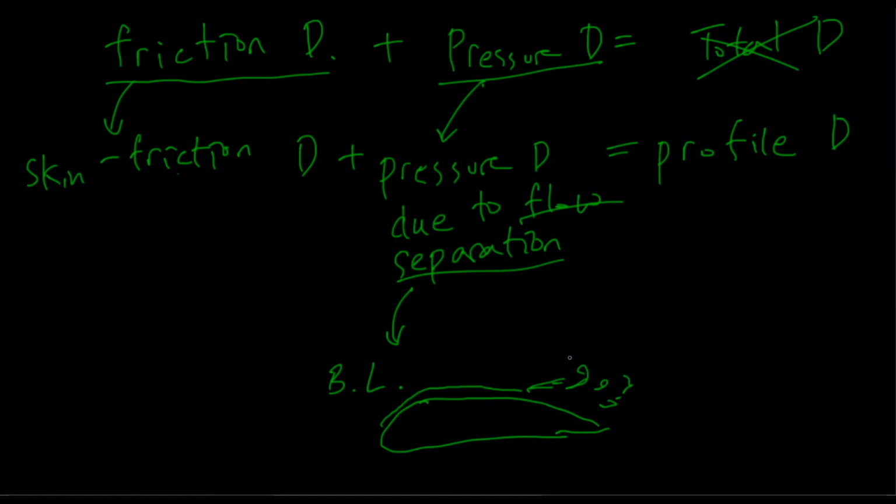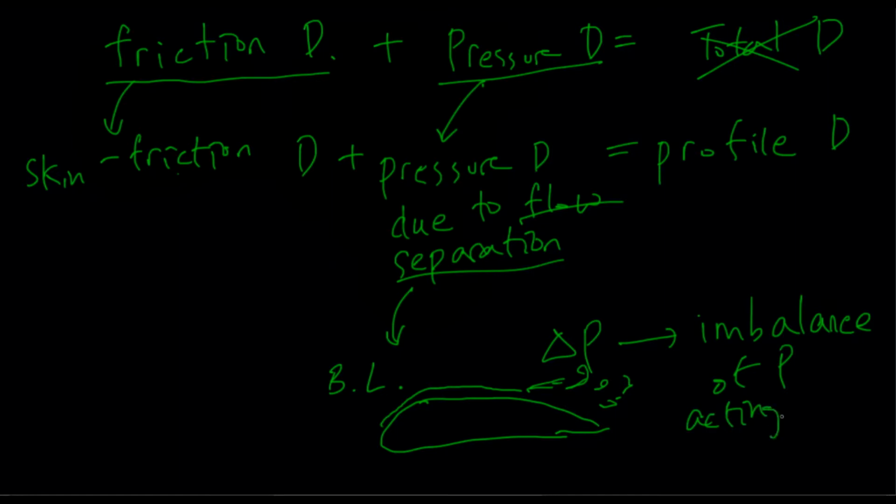Now, due to this, there's some change in pressure in these regions. Therefore, there is an imbalance of pressure acting towards the drag direction. Now, this is what creates pressure drag. And now, just like anything else in the aerospace engineering world, we describe this in coefficients.